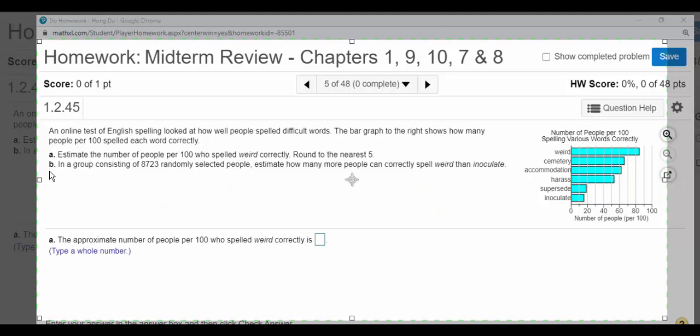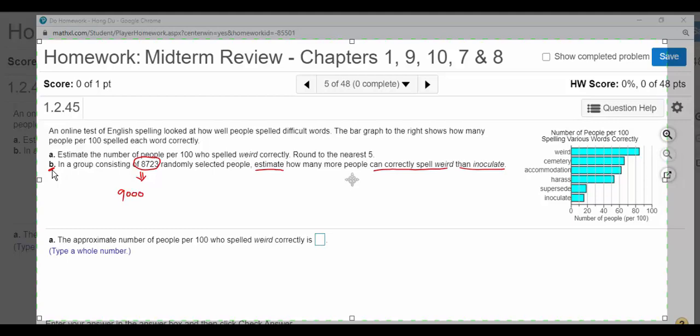So now let's go back to part B. In part B, they want us to estimate how many more people can correctly spell weird than inoculate out of these many randomly selected people. Since they only want to estimate, that means they want us to find the answer without using a calculator. First, we're going to estimate the 8,723. We can round this number to the nearest 1,000, which would be 9,000.